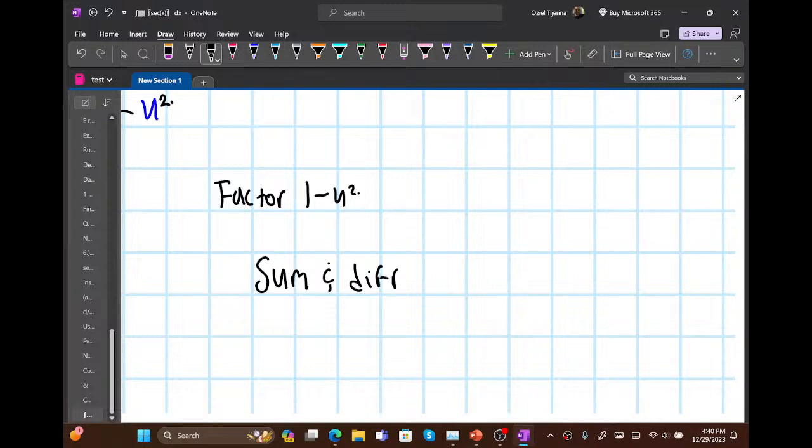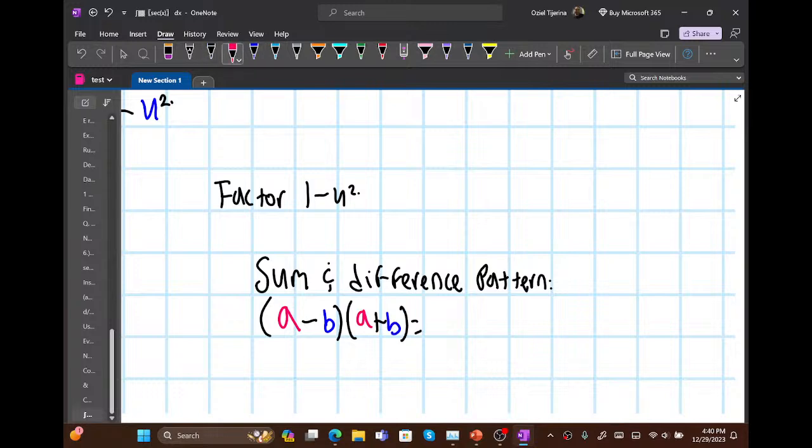Again, I know I don't need to do this, but just in case, whoever needs it, here you go. (a minus b)(a plus b) is equal to a squared minus b squared.